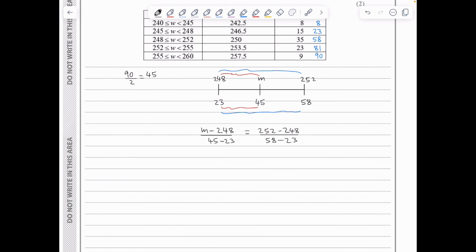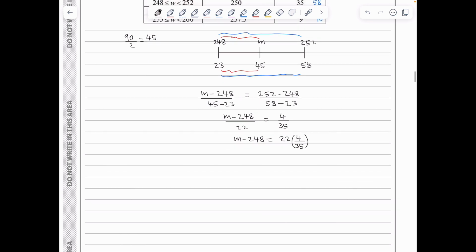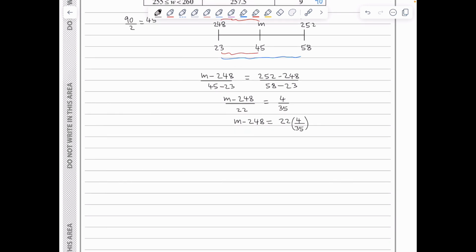We can proceed in solving for M. We've got M minus 248 over 22 is equal to 4 over 35. I can cross multiply to get M minus 248 is 22 times 4 over 35. And then I can add the 248, which gives me M to be 250.5, and the units are grams.